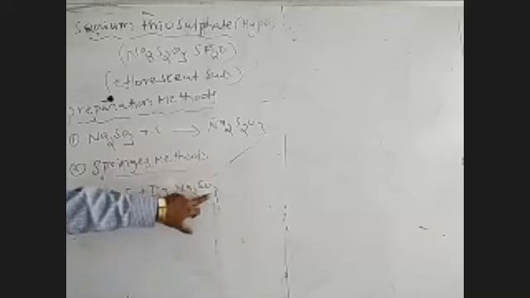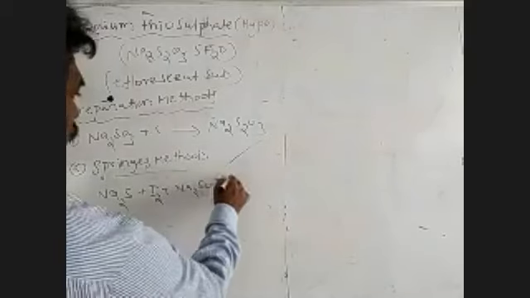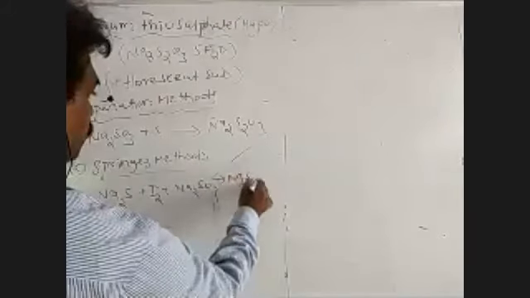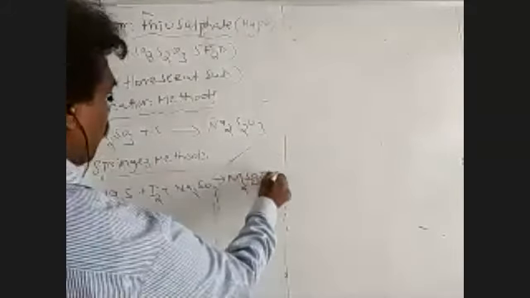This is called sodium sulfide. This one is called sodium sulfite. Na2SO3 is called sodium sulfite. Na2S reacts with I2 and Na2SO3 to form Na2S2O3, and NaI, sodium iodide, is also produced.